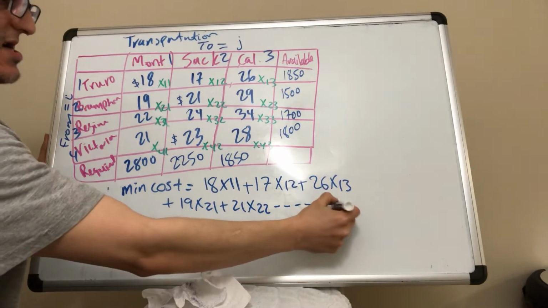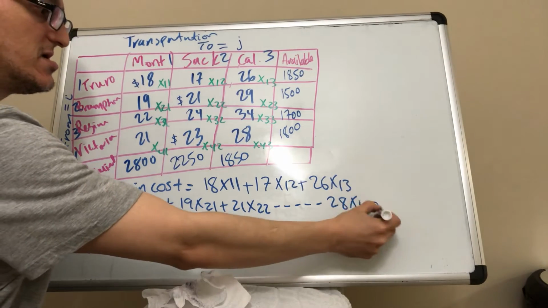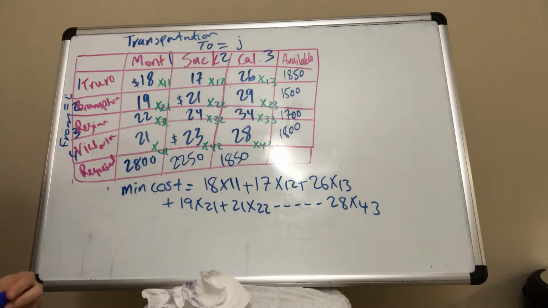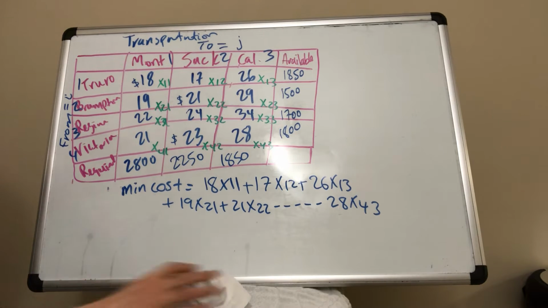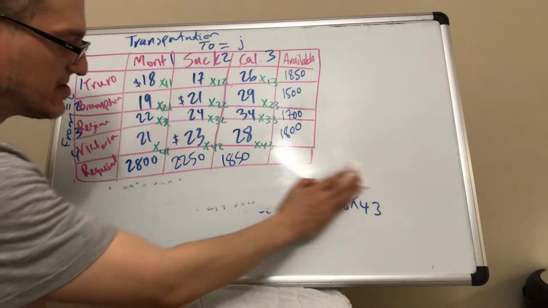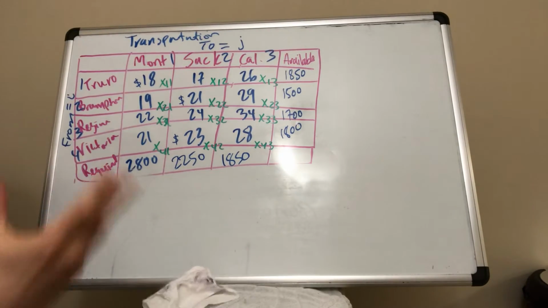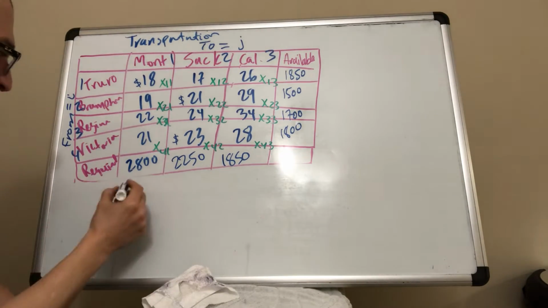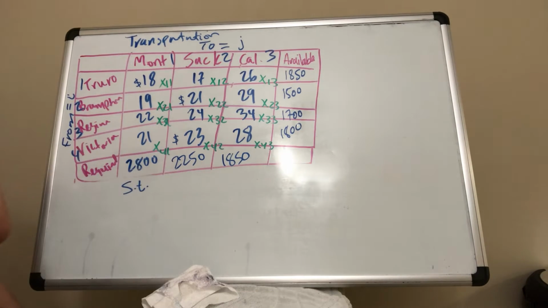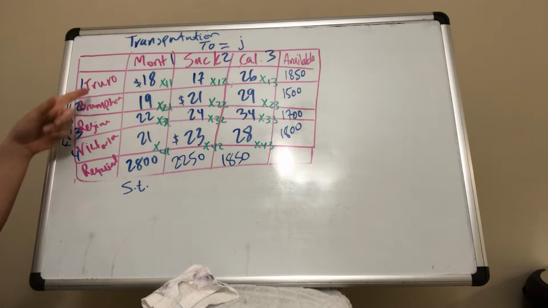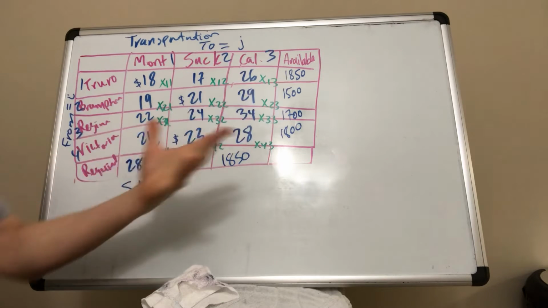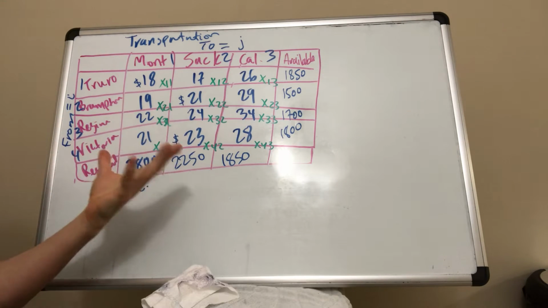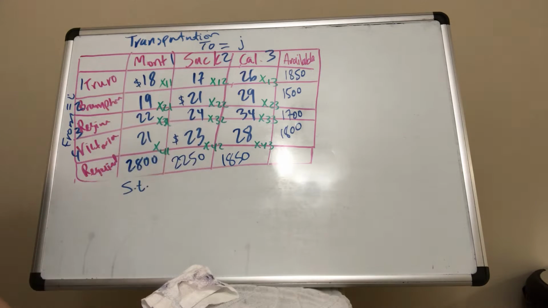You do this till you get to the end, 28 for the last one. Then they tell you in the question what they tell you in the question will help you determine what your subject to is. So for example, if you're coming from the 4 cities, this city is capable of providing 1850, or that's what they have available.